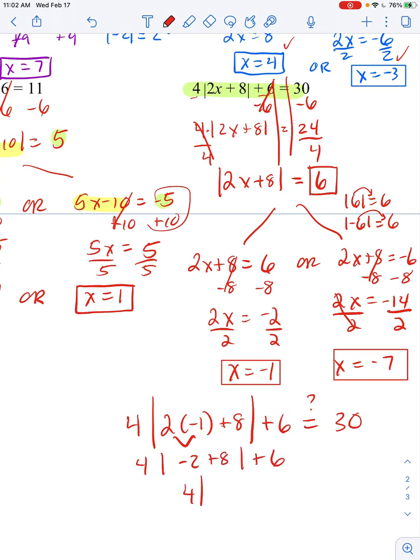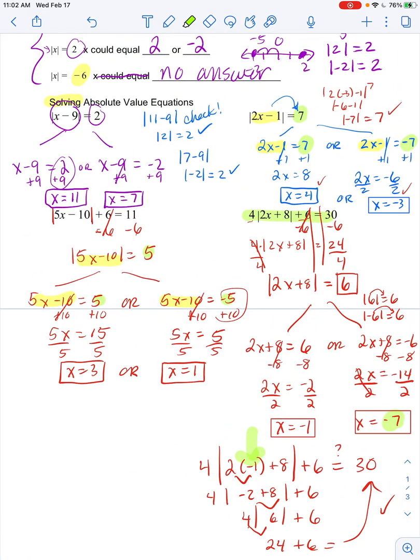So then these would turn into a 6. The absolute value of 6 is 6, so these would turn into 24, and that would indeed equal 30. So it checks, and then I could repeat that same process by taking my negative 7 and putting it in here.